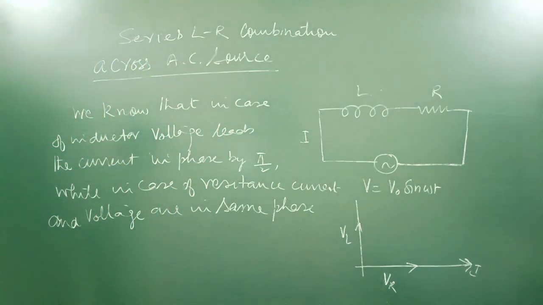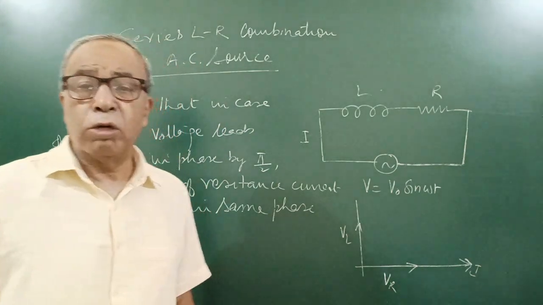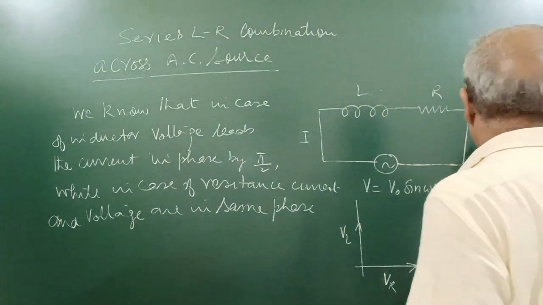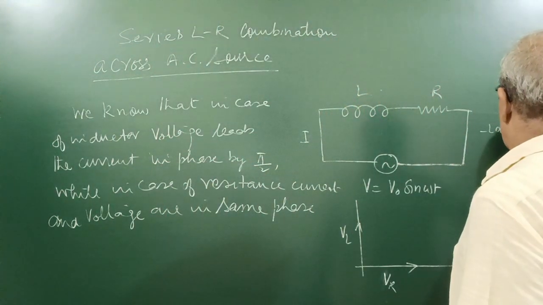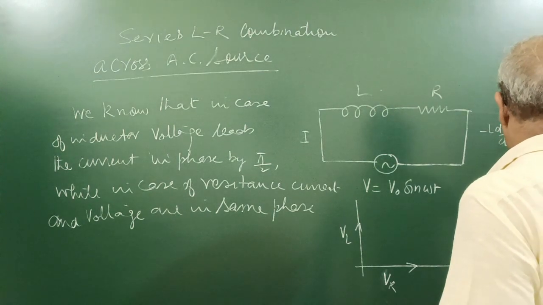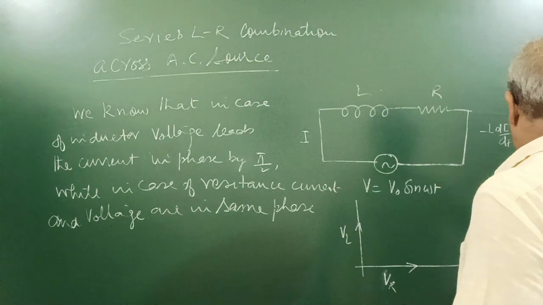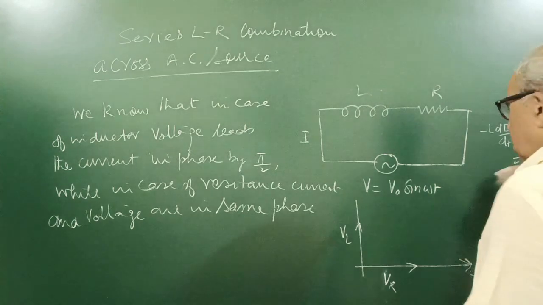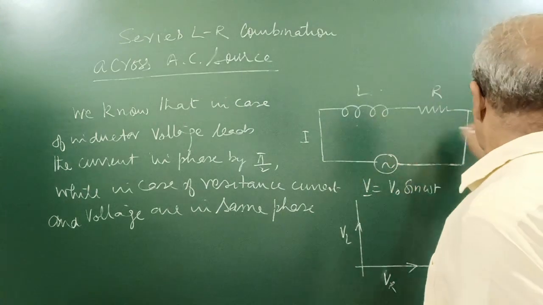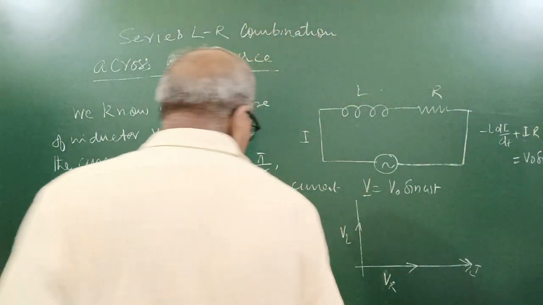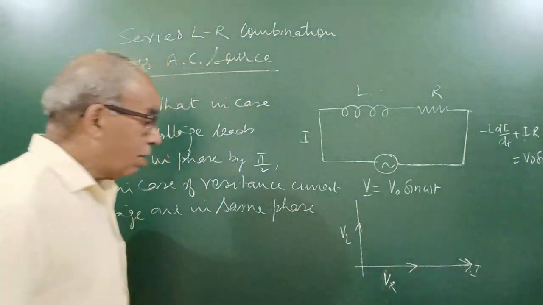Now these are RMS voltages, not instantaneous. Instantaneously you can write minus L di over dt plus IR, algebraic sum, equal to V0 sin omega t. But what we are doing here, these are RMS voltages.